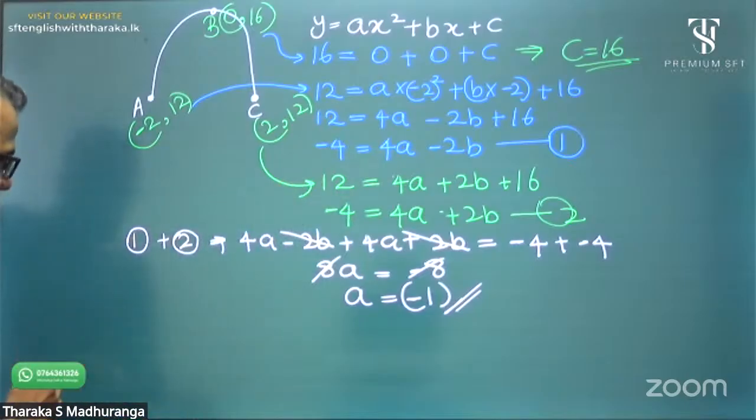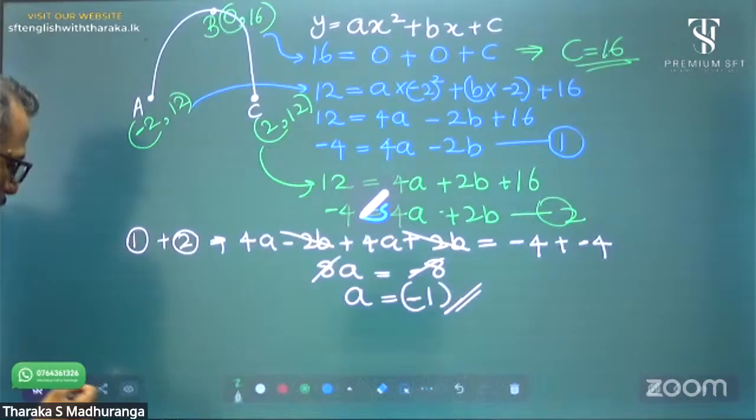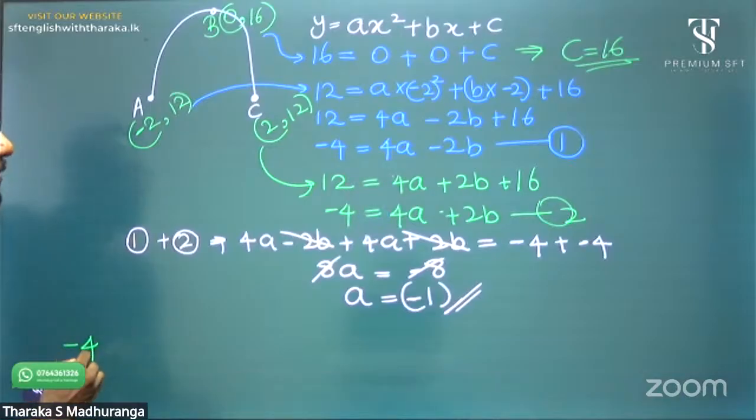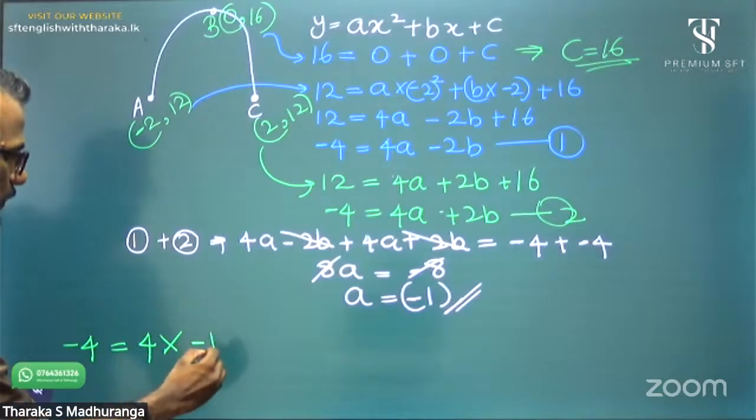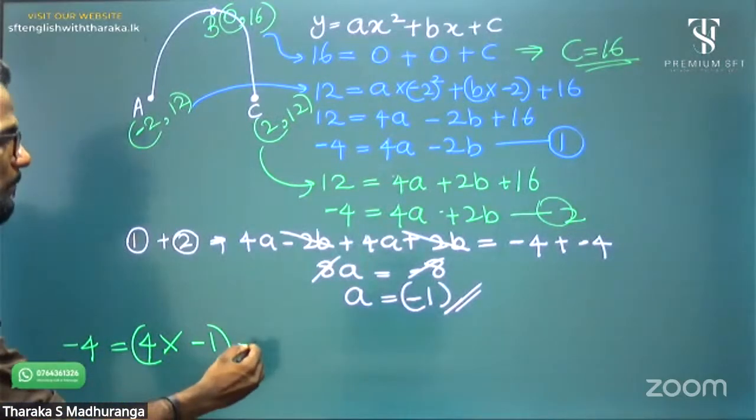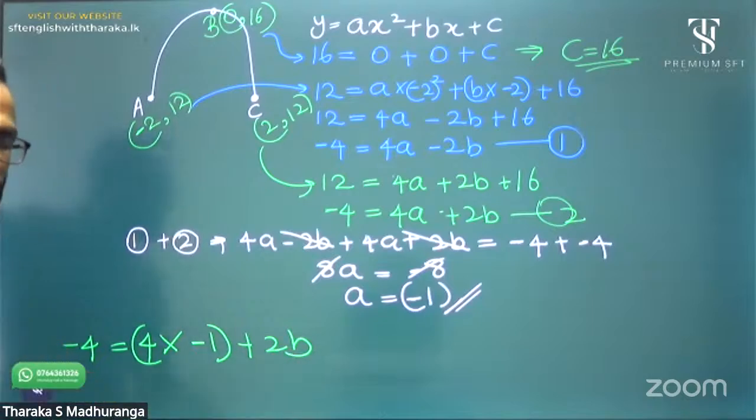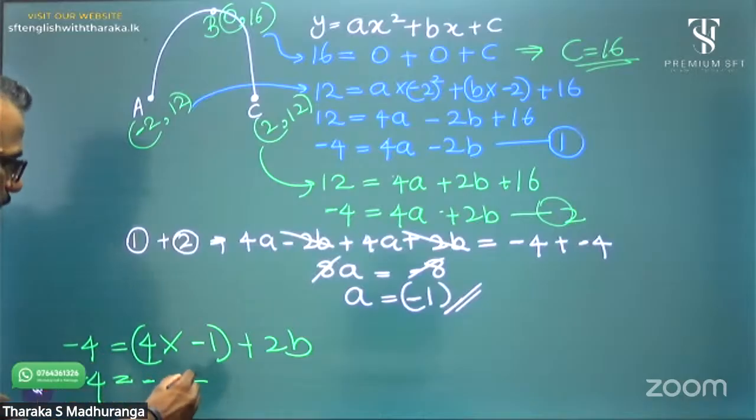Minus 4 equals 4 into a value minus 1, plus 2b. Now minus 4 equals minus 4 plus 2b, right?